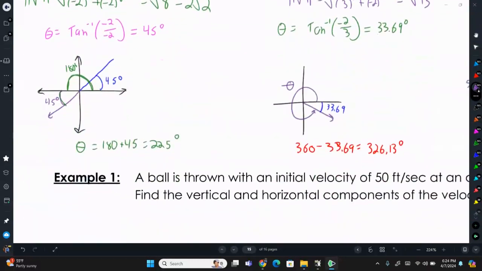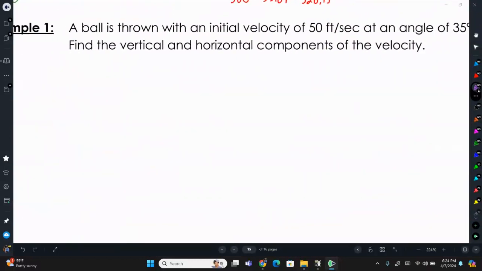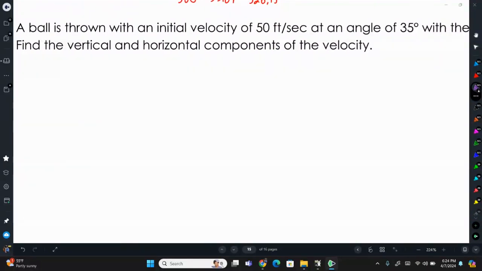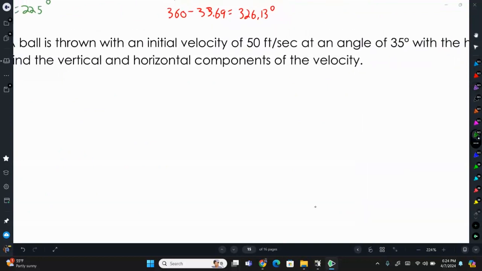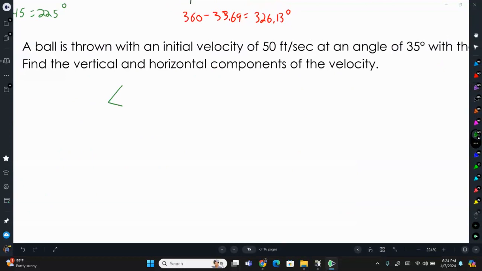Our magnitude is 50 feet per second, and our angle is 35 degrees. So to get our horizontal and vertical components, it's 50 times the cosine of 35 degrees, comma, 50 times the sine of 35 degrees.